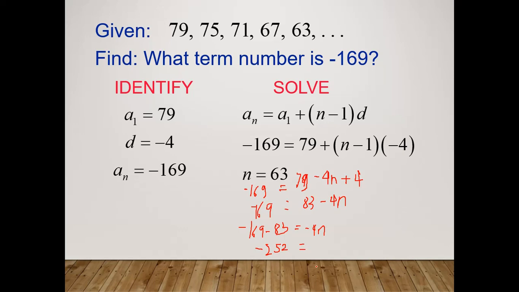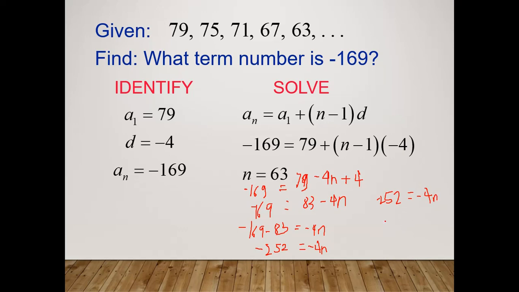So that is 63. Okay, so negative 4n ito. Okay, dividing both sides by 4. So dito ko na lang, negative 252. Okay, equals negative 4n.